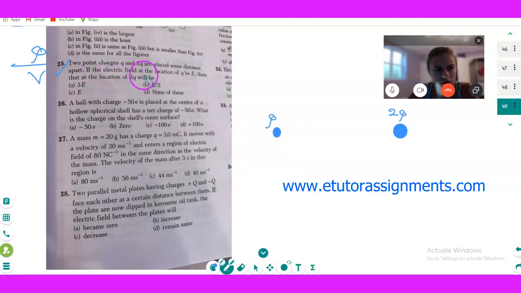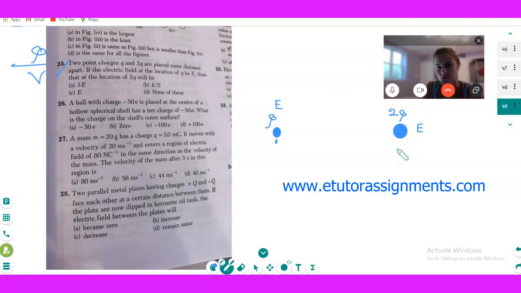At this location the electric field is E, and at the location of 2Q, what is the electric field? Very simple.